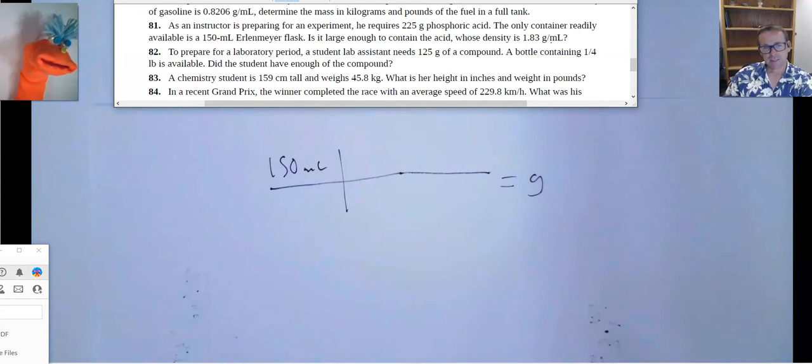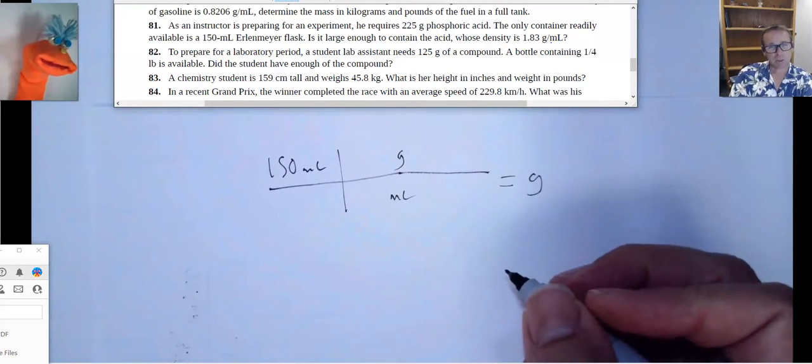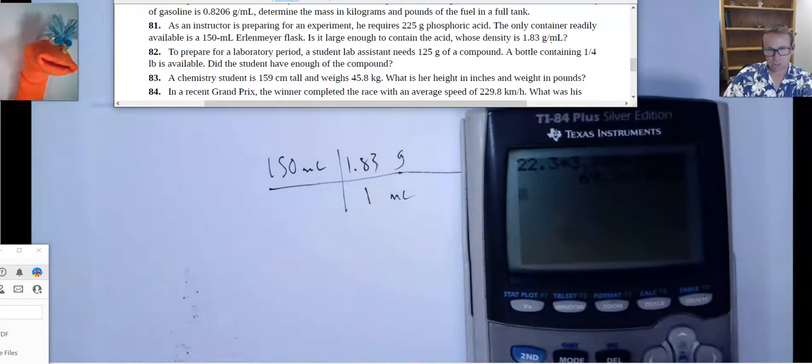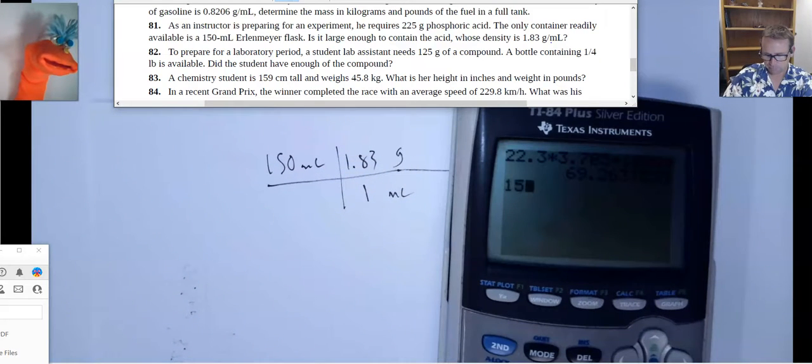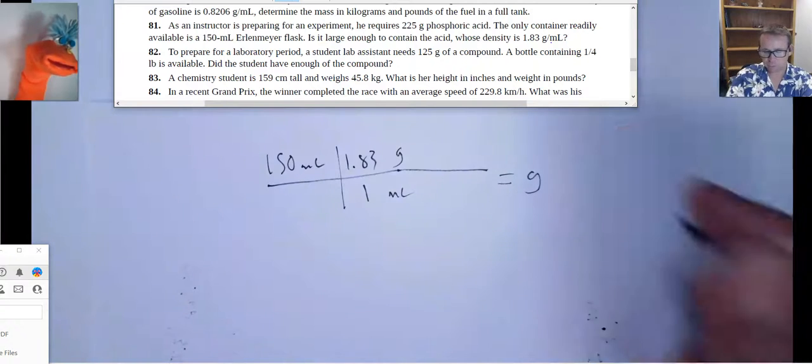So how many grams do I have if I have 150 milliliters of the acid? Well, I have a density that says 1.83 grams per milliliter. Milliliters has to go on the bottom, and grams is going to go on top. It's 1.83 grams for every milliliter. So 150 times 1.83 is 274.5.